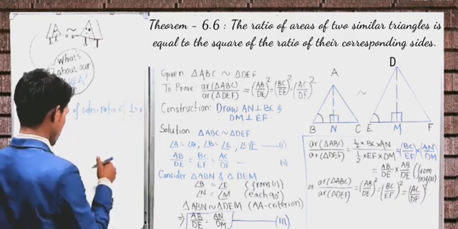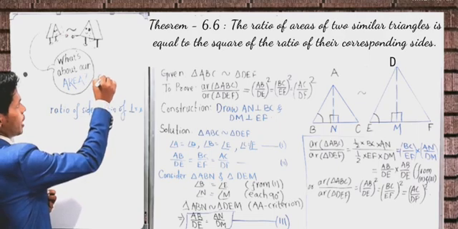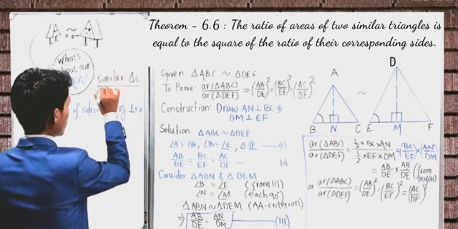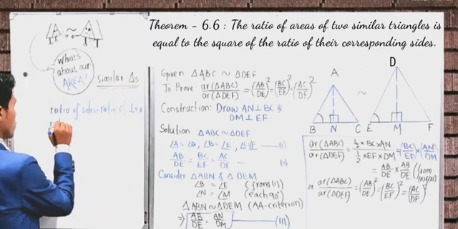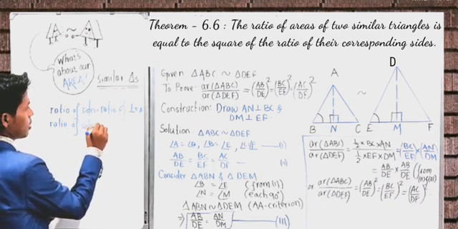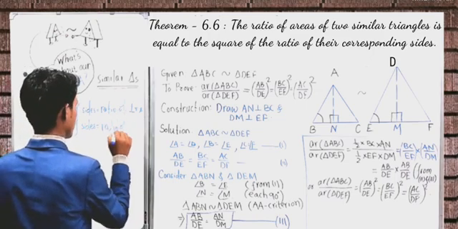Let me write it symbolically, and this is all in similar triangles. So these points you should remember to solve the problems. Also ratio of sides is equal to ratio of medians.